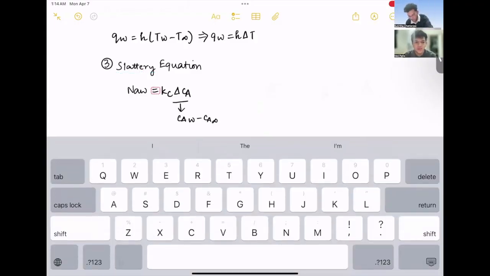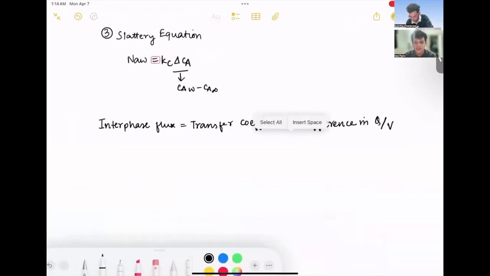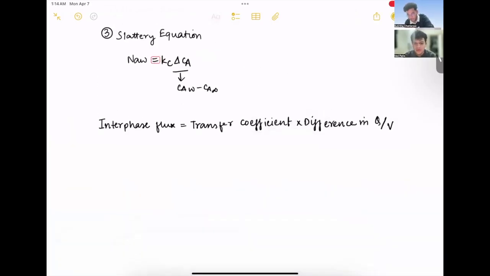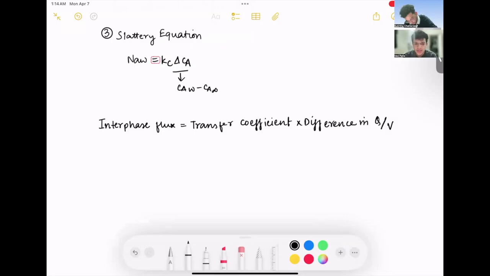We have discussed three equations before, and to match their dimensions with this interface flux formula, we can modify them. The first equation can be written as tau W equals half f into VCH into delta rho VCH.